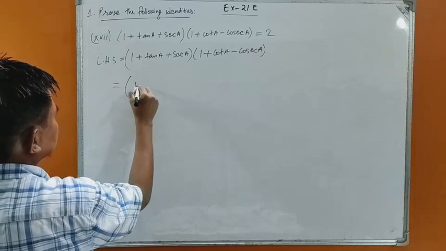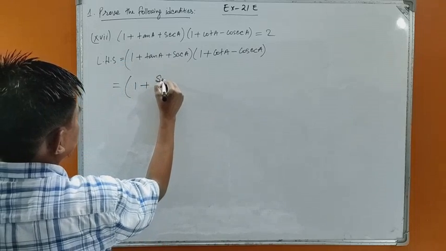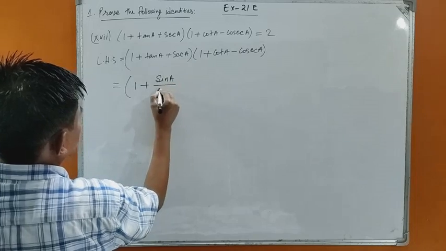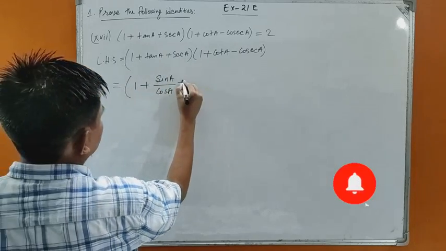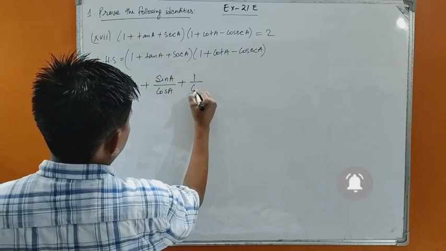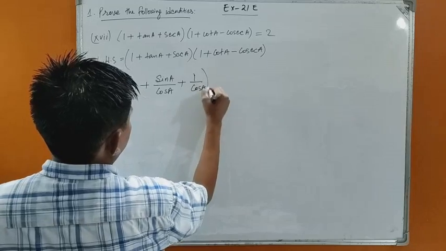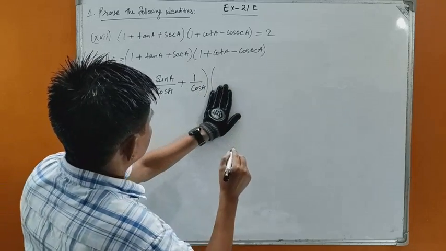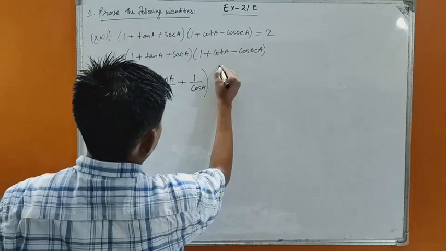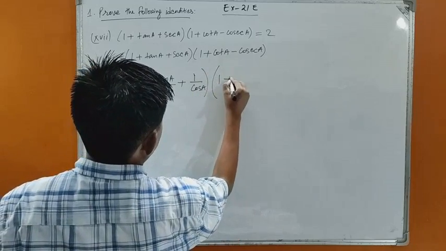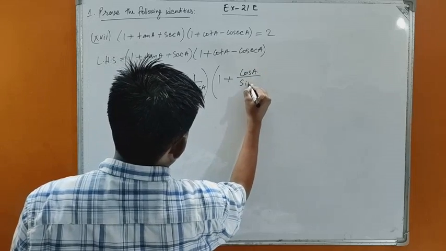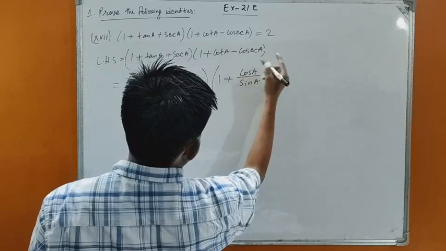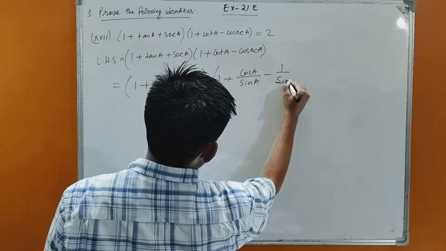So 1 plus tan A, where tan A means sin A upon cos A, plus sec A means 1 upon cos A. Let me put this bracket properly. So 1 plus cot A means cos A by sin A, minus cosec A means 1 upon sin A.